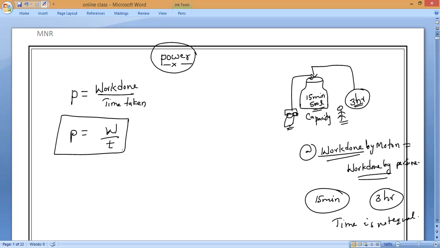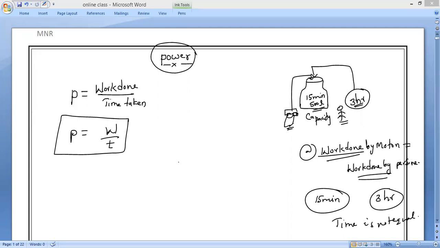So a person who can do more work in less time is more powerful than a person who can do less work in more time. Do you understand, everybody? If two persons are doing the same work, and one takes more time and the other takes less time, then ultimately I can say the person who takes more time has less power.